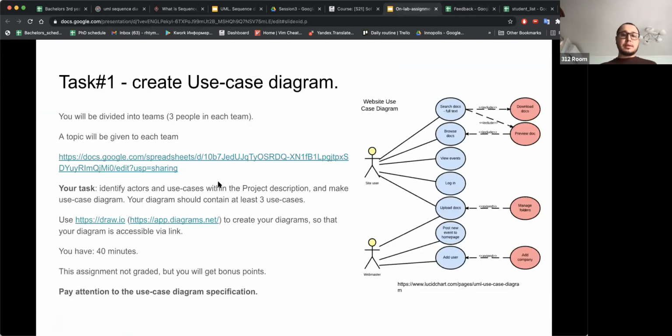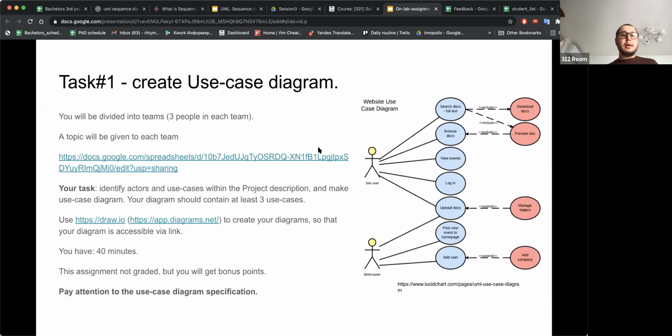So what is your task? You have to identify actors and use cases within the project description and make a use case diagram. Your diagram should contain at least 3 use cases.